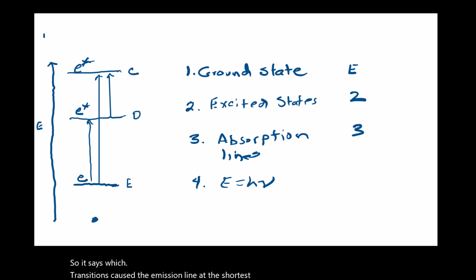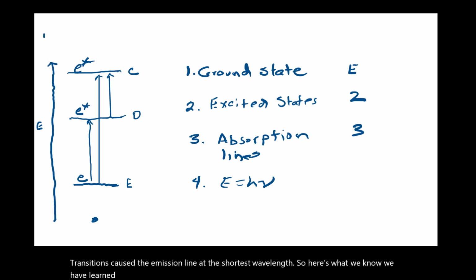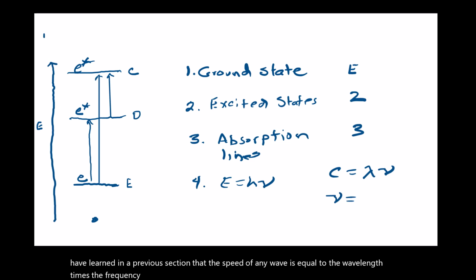So here's what we know. We have learned in a previous section that the speed of any wave is equal to the wavelength times the frequency. So the frequency is equal to the speed of light divided by the wavelength.